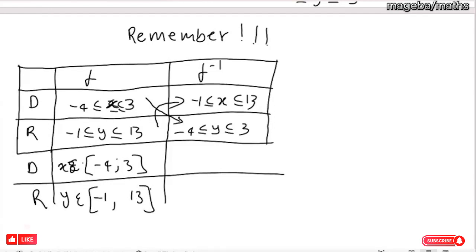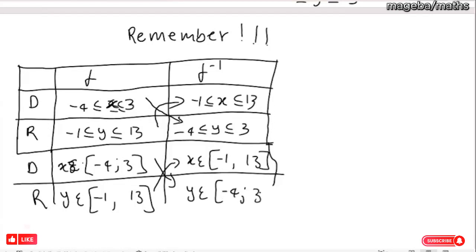Now remember, the domain of the inverse, so it's x in the interval -1 to 13. And also now finding the range of the inverse, it's going to be the domain of f, so it's going to be y in the interval -4 to 3.